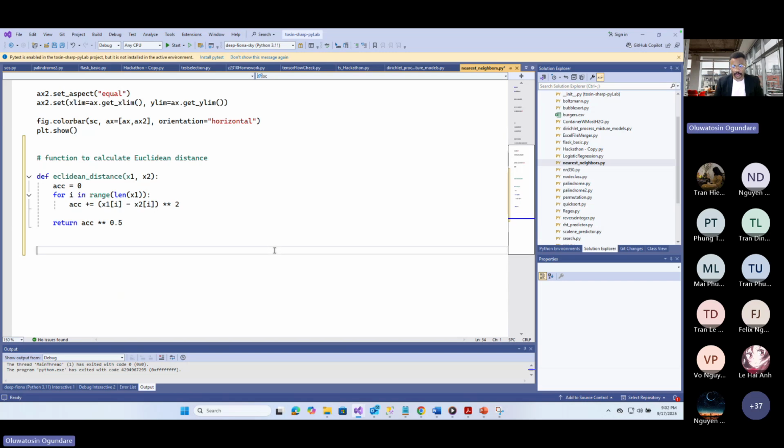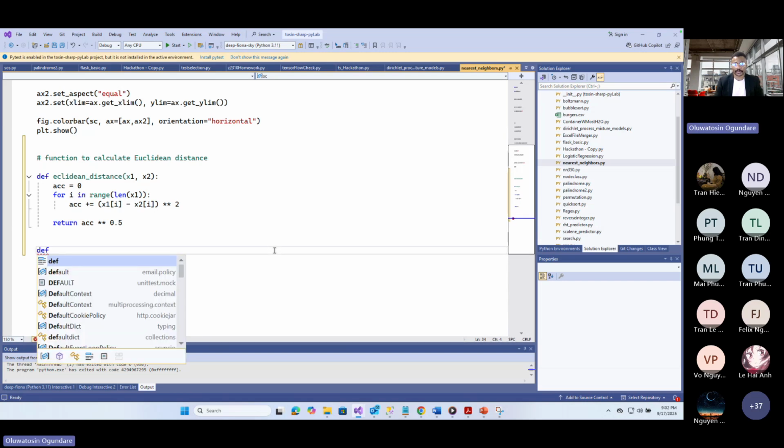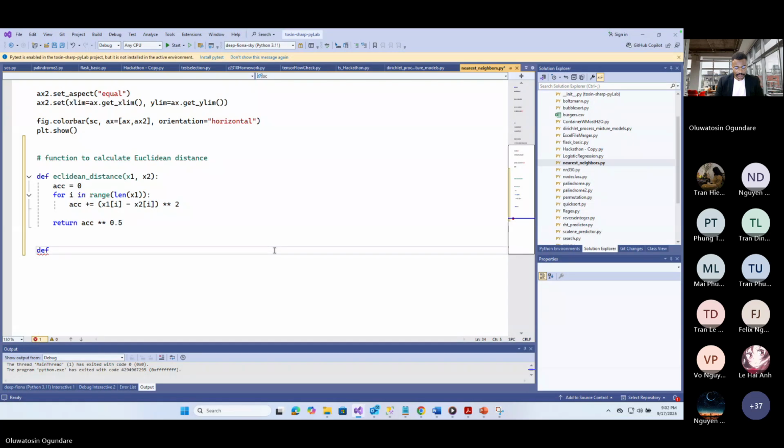If you want to calculate your weight factor, then first of all you have to calculate the distance for every point in the data set.